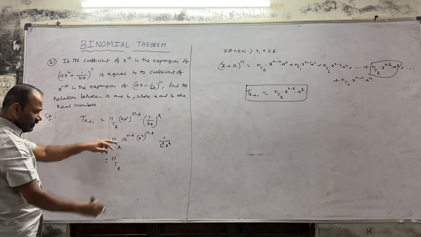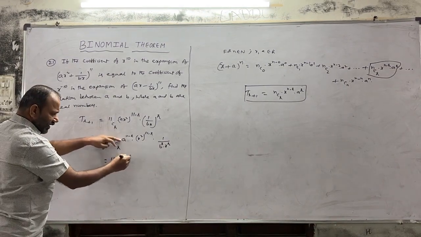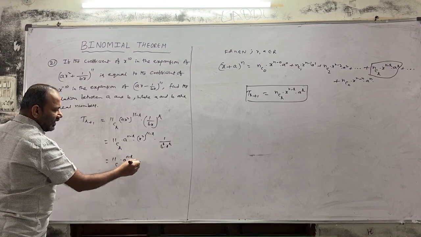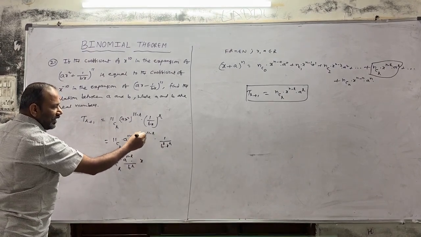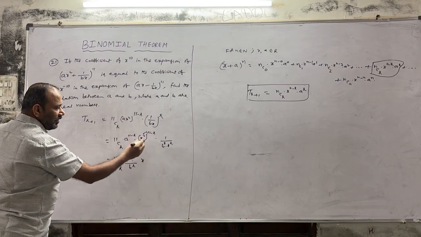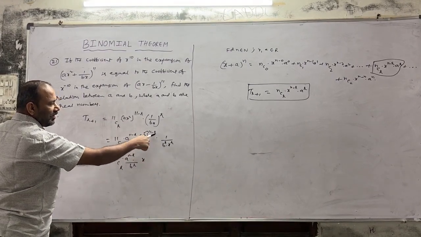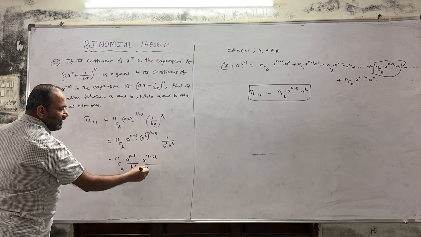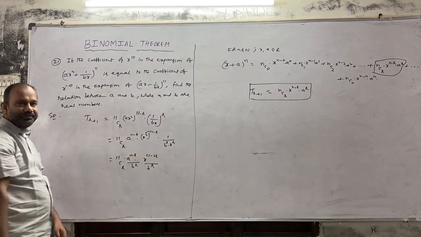11Cr, here a^(11-r), here my constant is b^r in the denominator, here x power is 2 multiplication, x^(2(11-r)), 2 elevens are 22 minus 2r, divided by x^r.